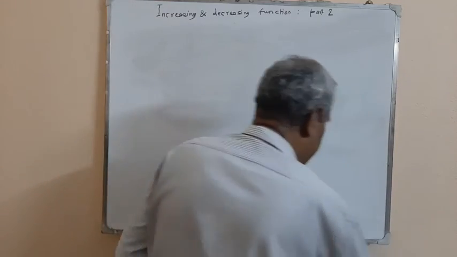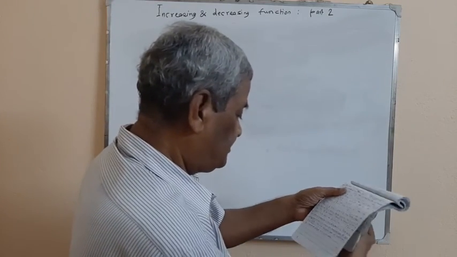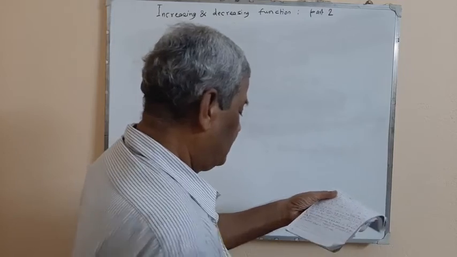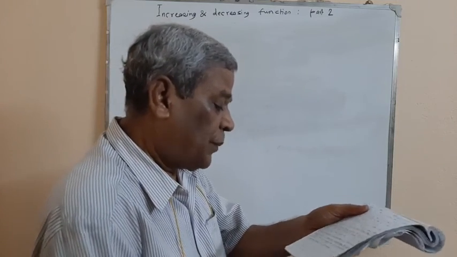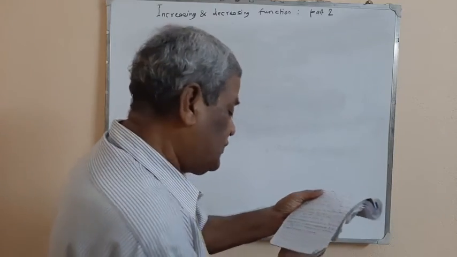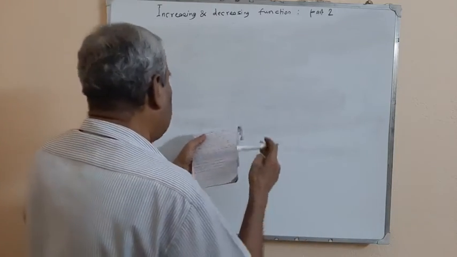Now, our next problem is: the cost of production of x units of a good is y.